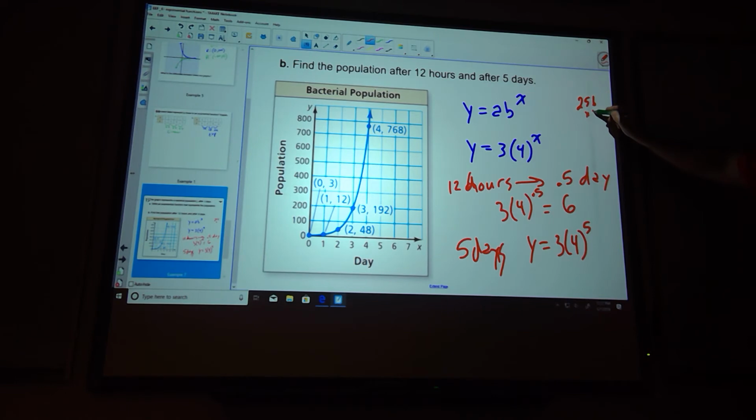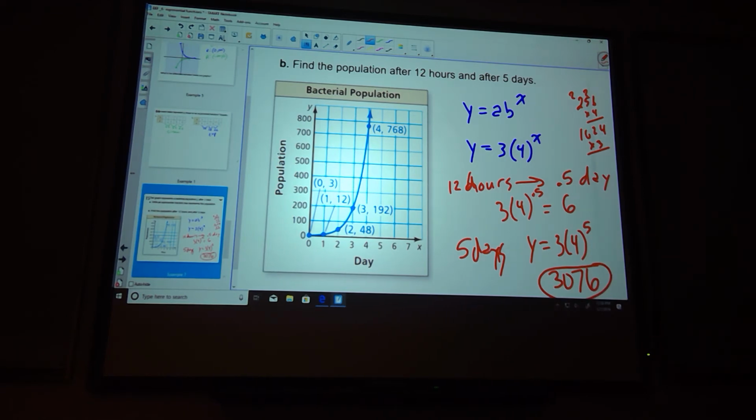Let's see, that's 1,024. 1,024 then times 3. Yeesh. 3,072 bacteria. Whoa. I'd say you definitely would want a calculator to do that.